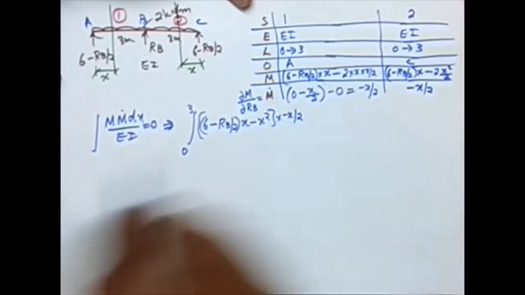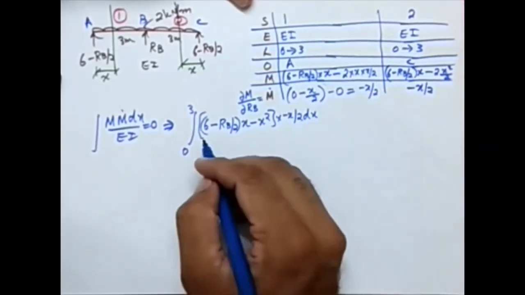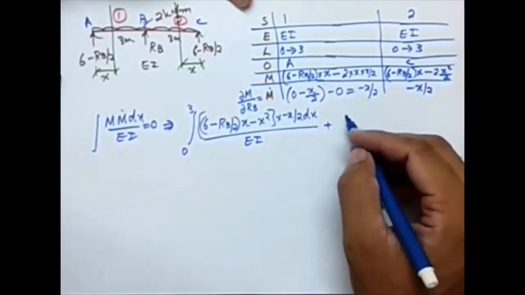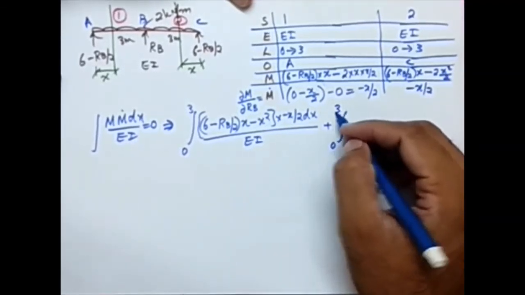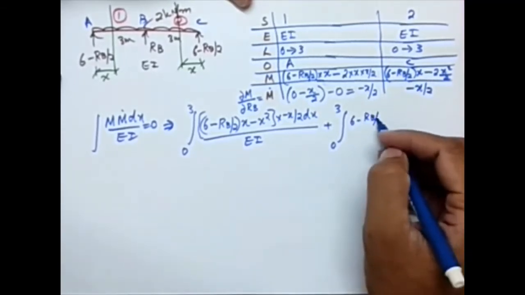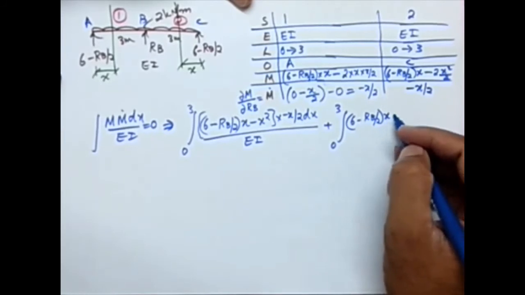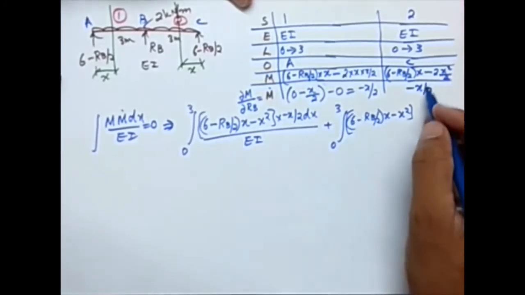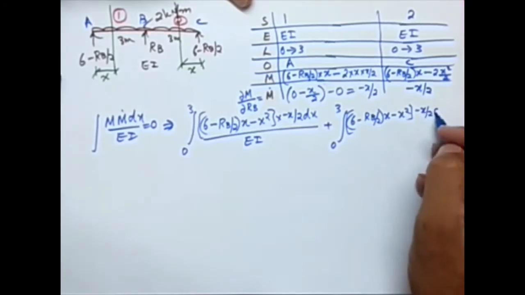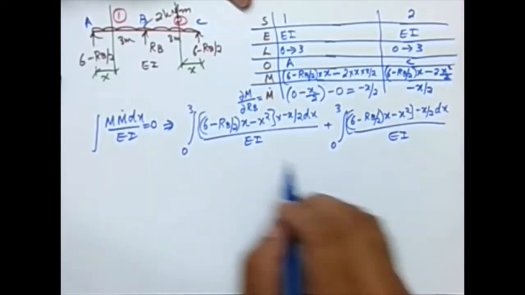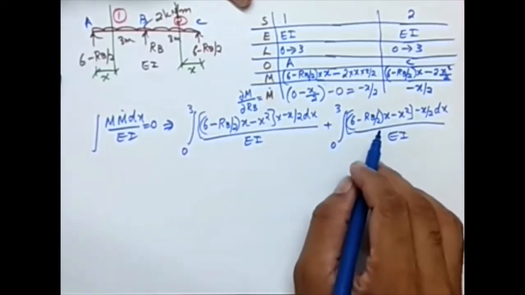Minus x by 2 dx by EI. What about the second segment? The limit is 0 to 3. Again, 6 minus Rb by 2 times x minus x square multiplied by minus x by 2 dx by EI. And we can observe that these two are same.